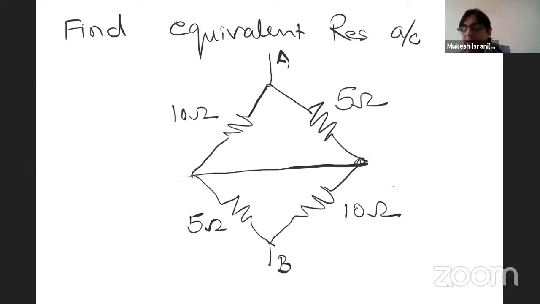Now can you tell me the value of the equivalent resistance between points AB? How much will be the answer? This one?